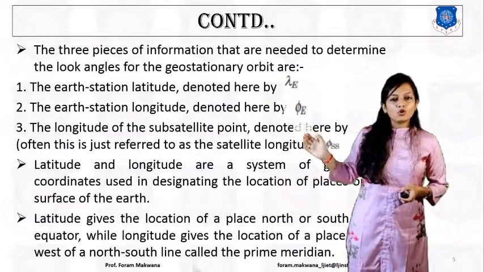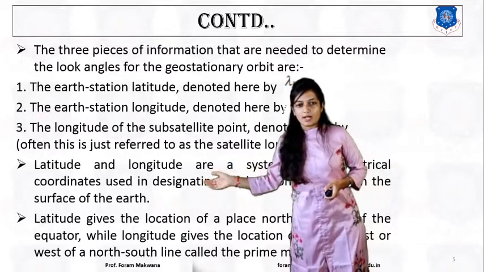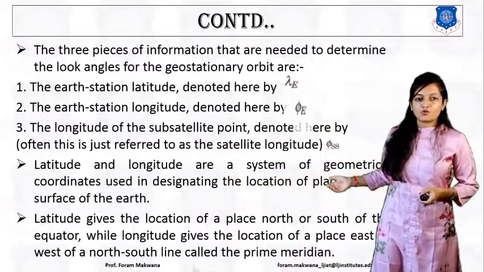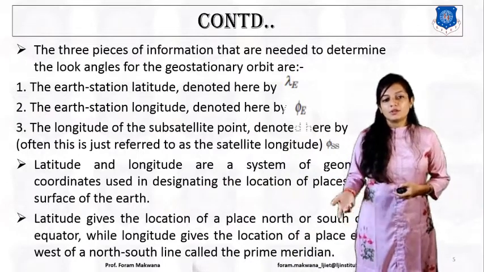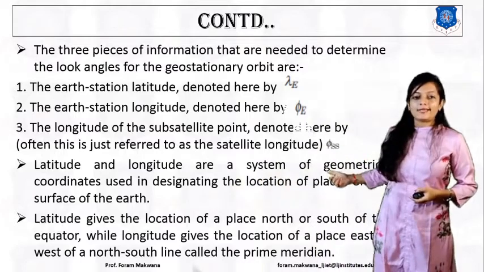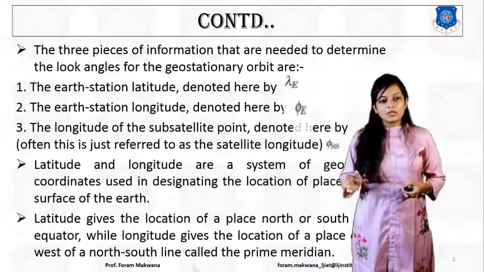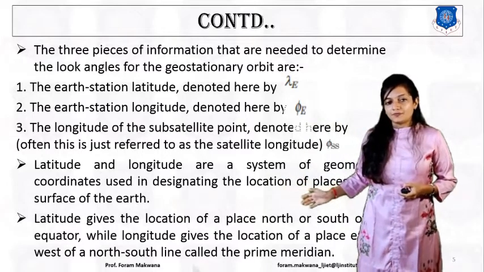So, what do you mean by latitude and longitude? These two quantities are the system parameters of a geometric coordinate system, which is used to designate the location of a place on the surface of the earth. What information does latitude give?